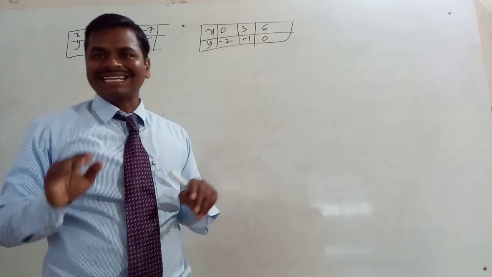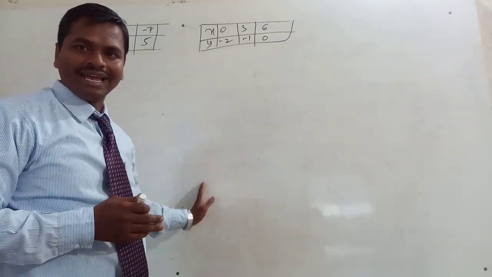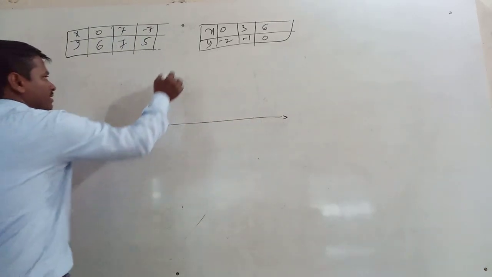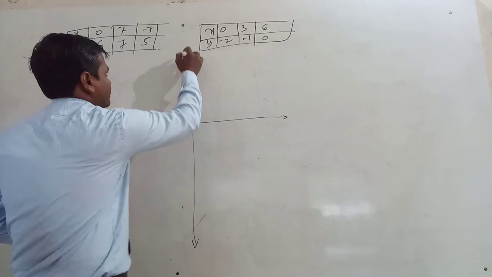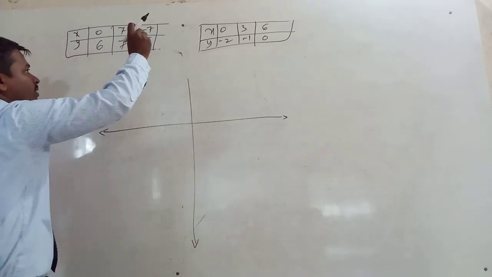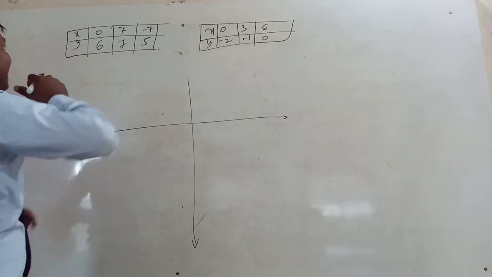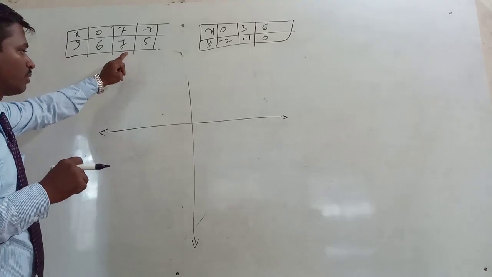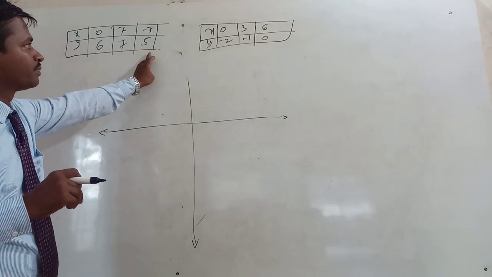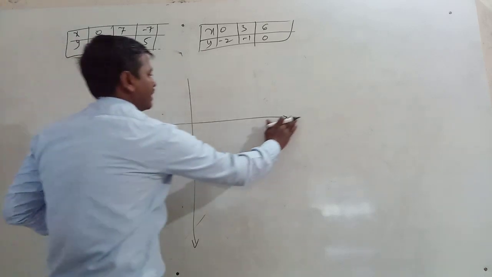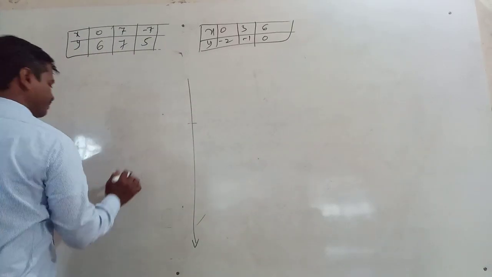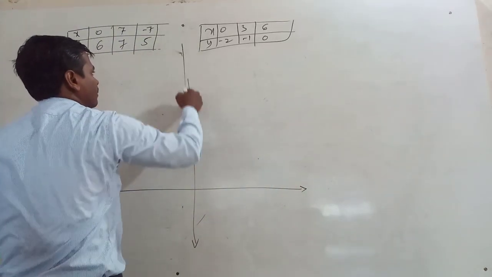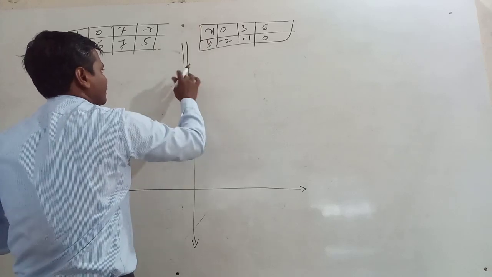Horizontal line is called x-axis, vertical line is called y-axis. We draw the two axes here. The highest positive value of x is 7 and the lowest is minus 7. Y values are all positive. It means we need more space in the upper side so that we can mark the points very easily.